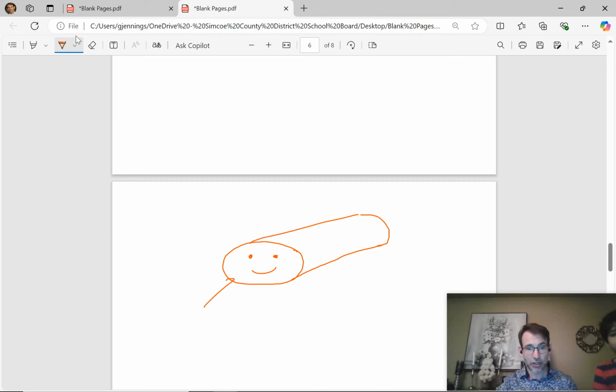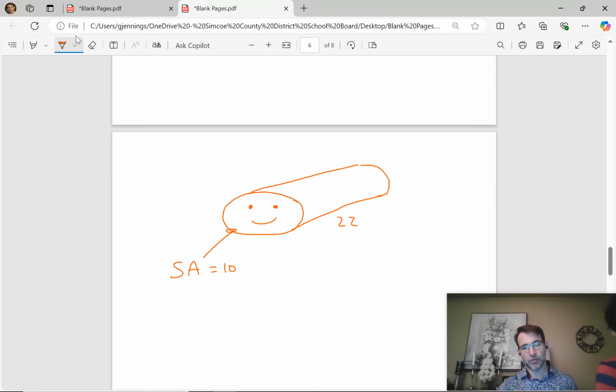Okay. If I tell you that the surface area of that is 10 and the depth is 22, it's a very big chocolate bar. It's 22 centimeters. It's like a tube of chocolate. You want one of these in your stocking. Okay. So then to find the volume, that would be equal to the surface area of the base times the depth, and that would give you 10 times 22 is 220.